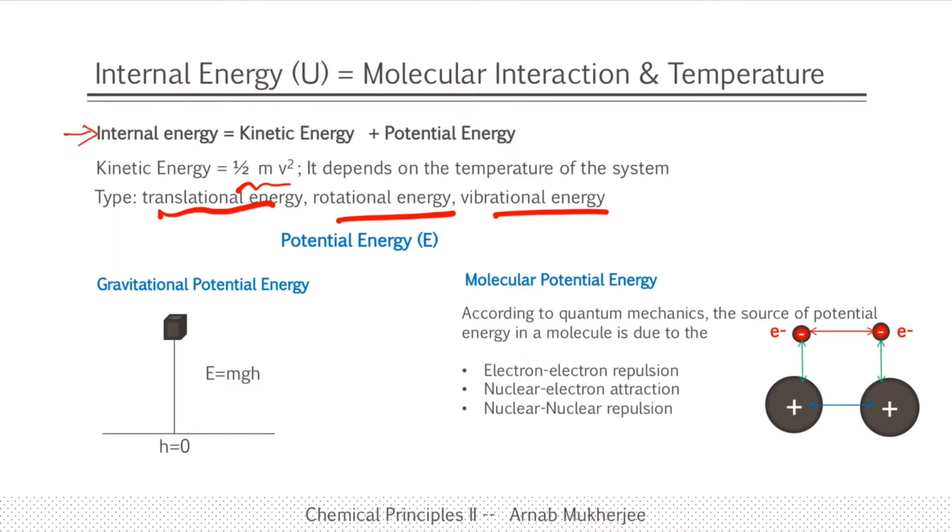Once we have all those parameters, eventually one can solve the quantum mechanical equation, which was discussed in Chemical Principles 1, and one can obtain the energy of the system. As we know in quantum mechanics, we will get both the kinetic energy and the potential energy of the system. That means we will get the internal energy of the system.